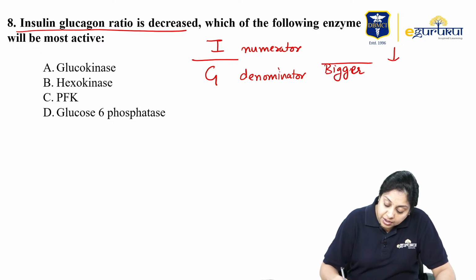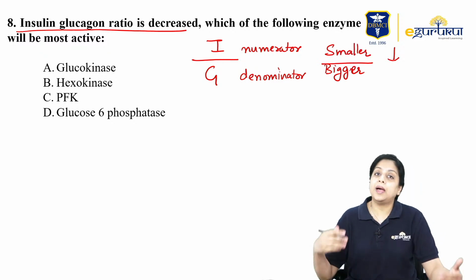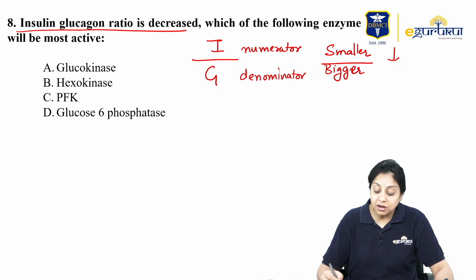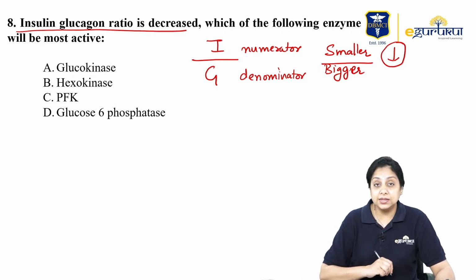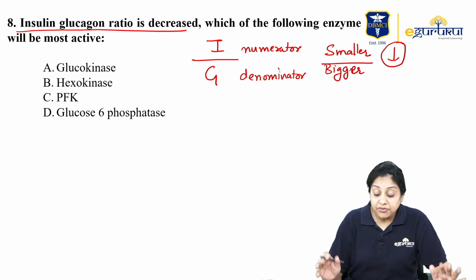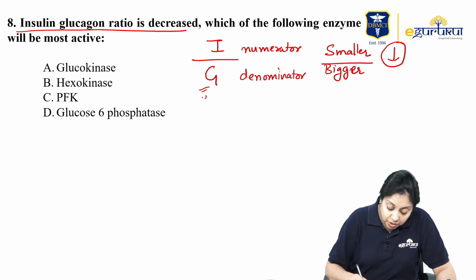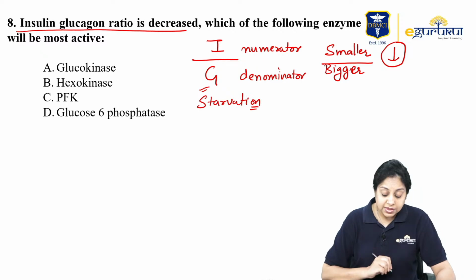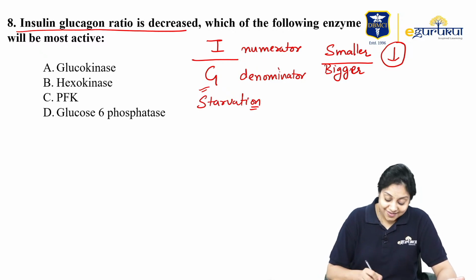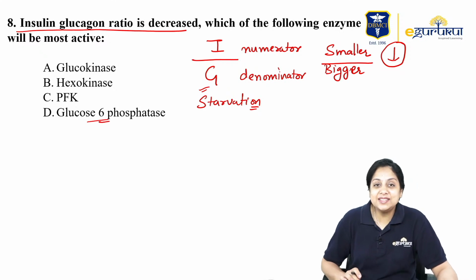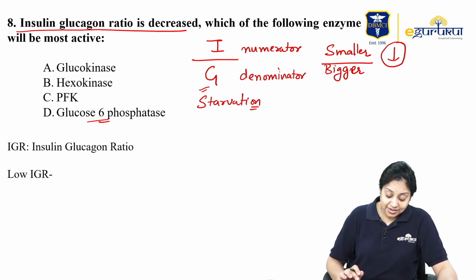If this is a bigger number, this is a smaller number, right? And if you divide a smaller number by a bigger number, then you will get a very small number as a result. So it means the insulin-glucagon ratio is decreased when you have more of the denominator, the glucagon, that is we are talking about starvation. In starvation, which enzyme is most active? Simple as that. That is another way to look at it, right?